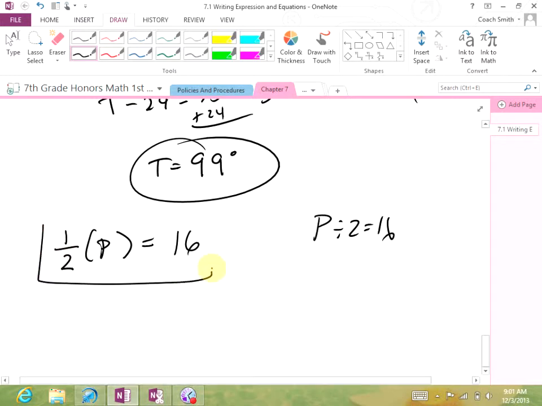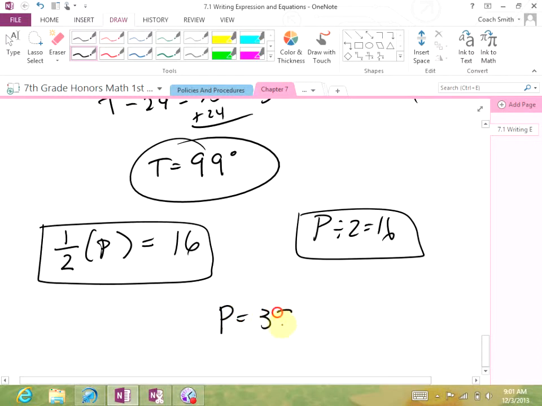Okay? So either one of those is your answer for your equation, and then the actual price was 32. Okay, what you did, Tristan, is you took half of the 16, and that was the final price. Okay, so it was $32 originally.